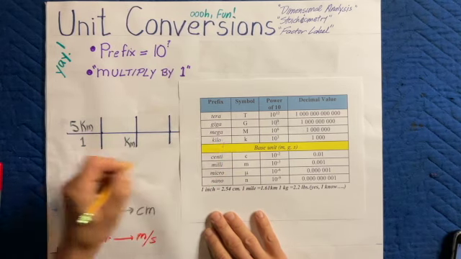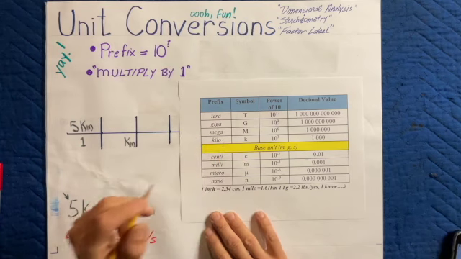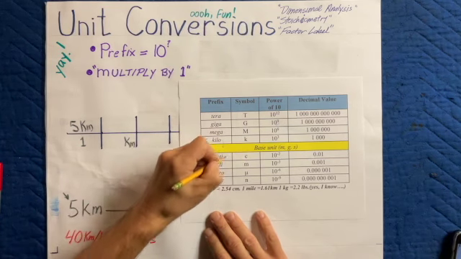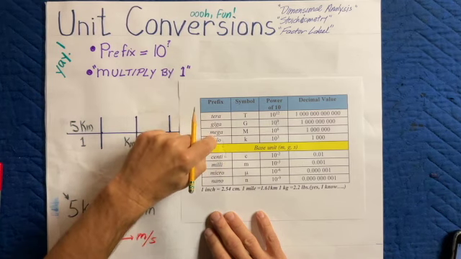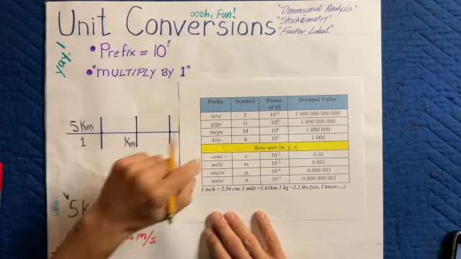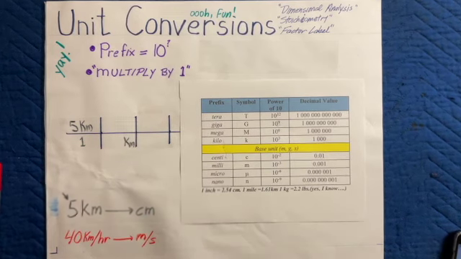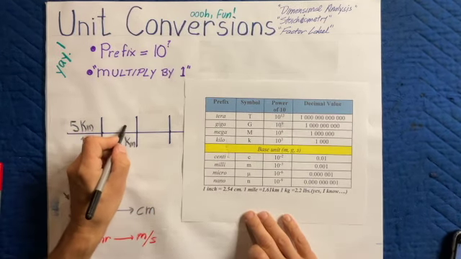So from kilometers to meters, the base is right here, and then jump from there into the prefix. So I look at this as home base. If I go from a prefix, I'll go to the base, and then I'll go back out to the prefix. So that means I'm going to be going from kilometers to meters.